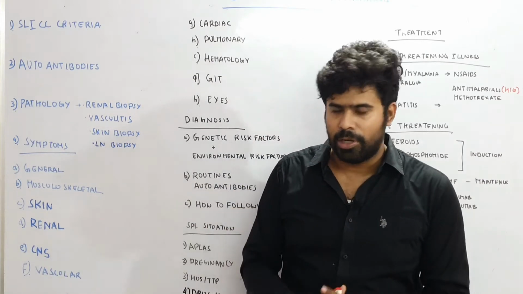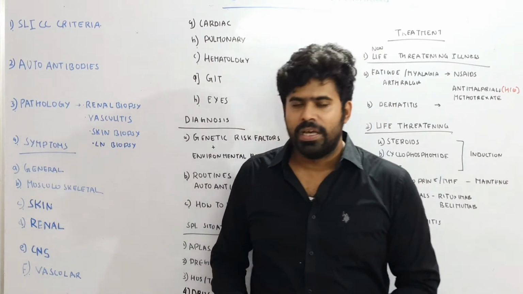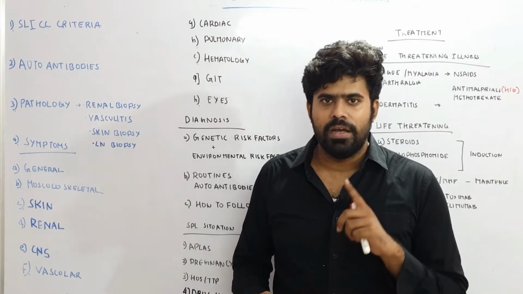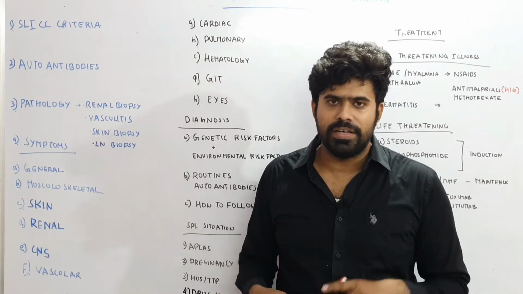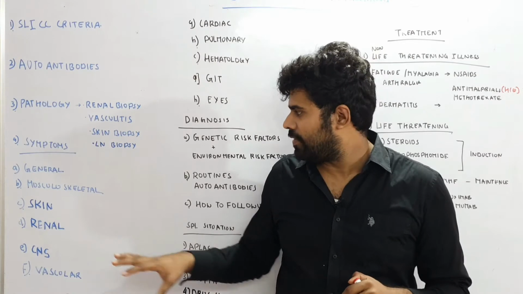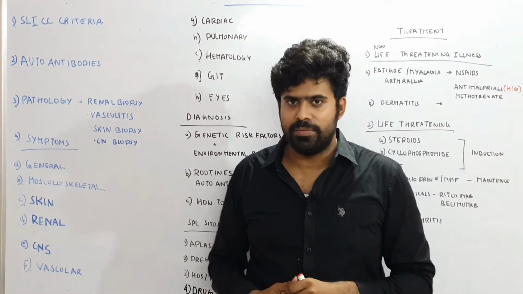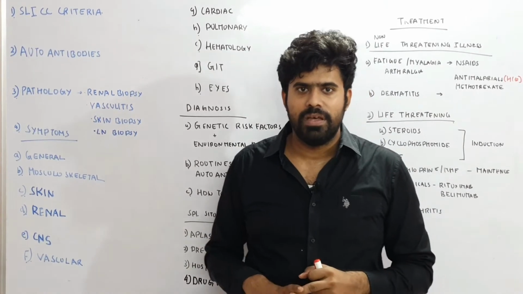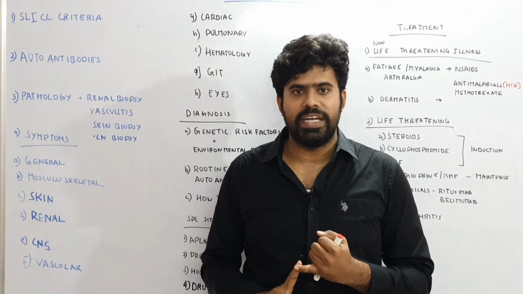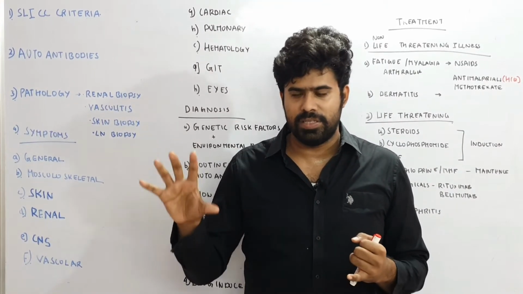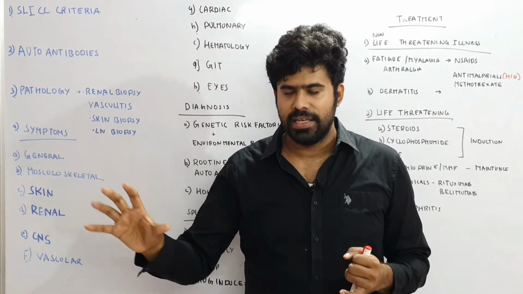So going into the symptomatology, what are the general symptoms? The patient can have fever, malaise, fatigue, weight loss, anorexia. All these findings can be seen in almost all the patients with SLE. So what are the musculoskeletal symptoms? The first one will be myositis. Clinically the patient will have weakness.